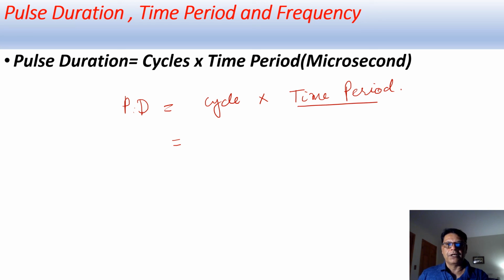So time period can be represented by capital T, and we have already discussed in the previous lecture about the time period.